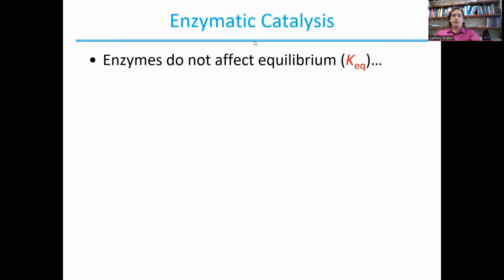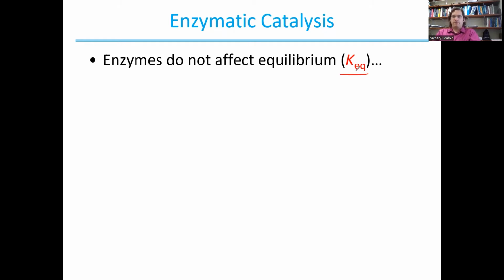In order to gain a better understanding of how our enzyme affects the rate of our substrate's reaction, it's important that we take a closer look at the thermodynamics of enzyme-catalyzed reactions. So, as you should remember from earlier chemistry courses, enzymes do not affect equilibrium, right? So the equilibrium constant for your reaction will not change. You still will have one product that will be preferred, and the other reactant that will want to be consumed.